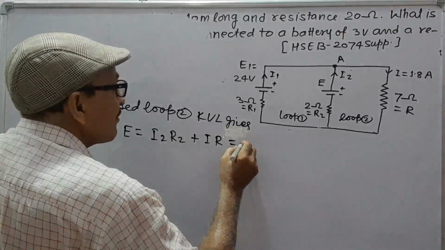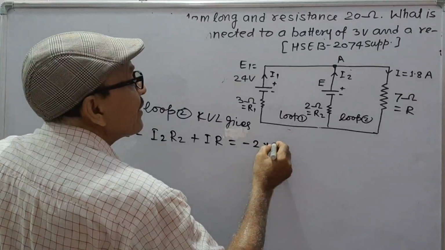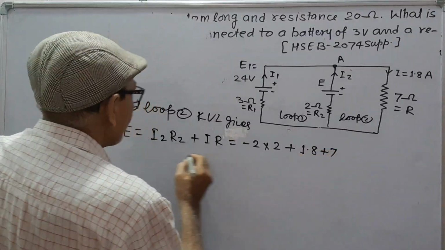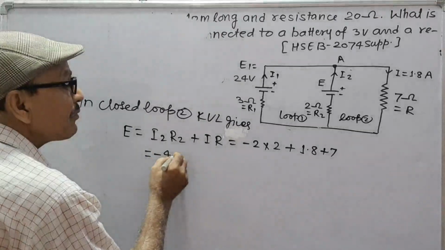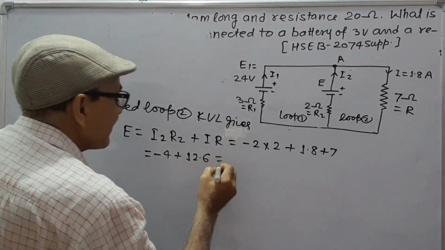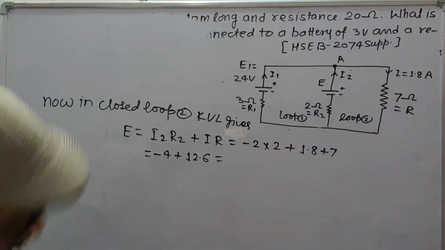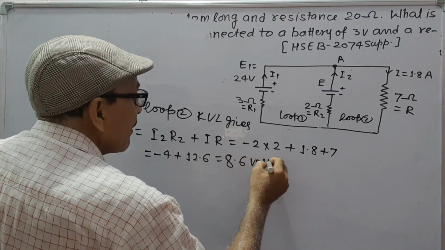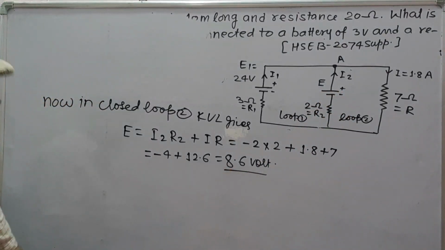I2 is minus 2, R2 is 2, plus I is 1.8 and R is 7. So, this is minus 4 plus 12.6, that is 8.6 volt. So, this EMF must have value 8.6 volt.